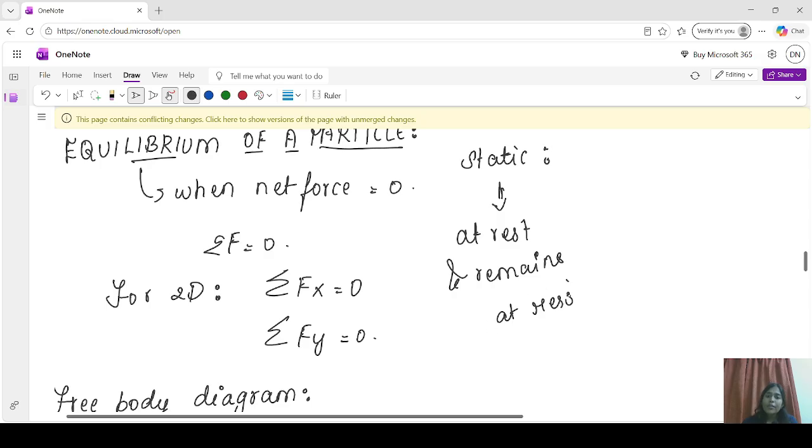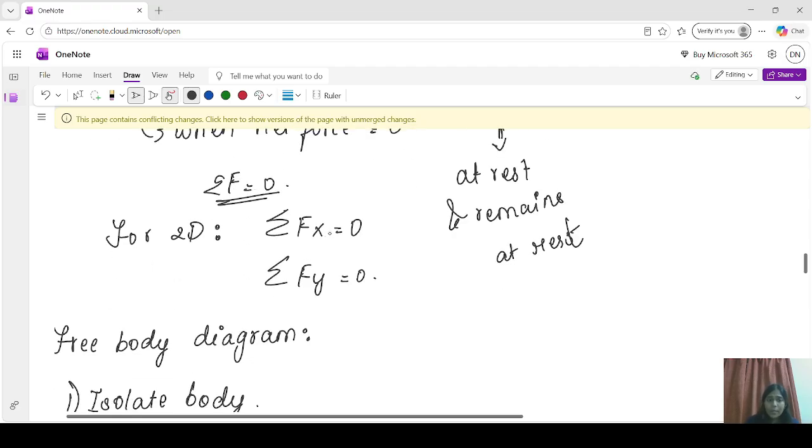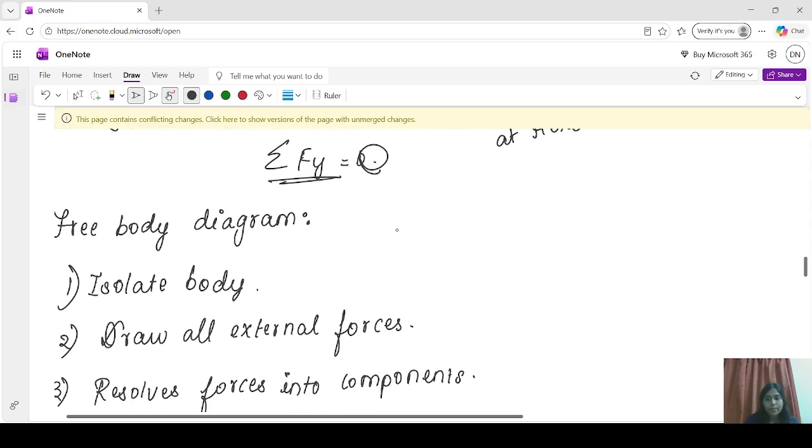For example, a book lying on the table. I have already told you that the weight acts downwards and the normal reaction or tension acts upwards. So both cancel each other and the net force will be zero. In 2D also, the summation of Fx and the summation of Fy will be 0.